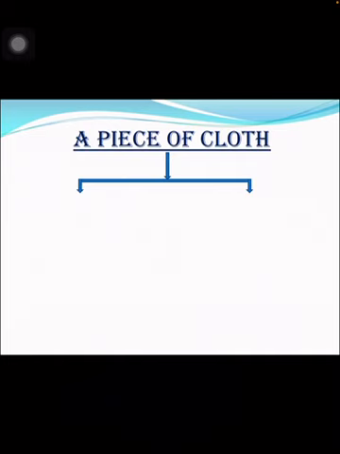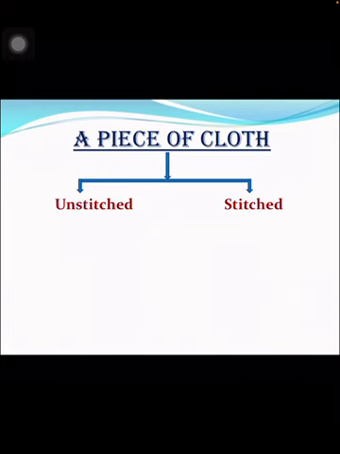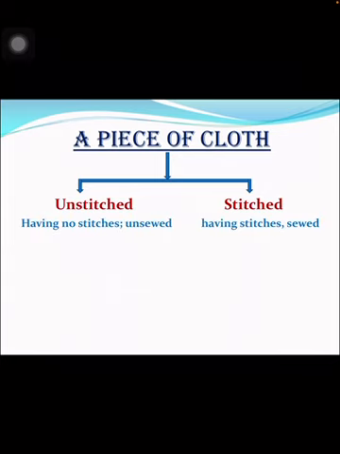Now the most important thing, a piece of cloth. A piece of cloth is generally of two types: unstitched and stitched. Unstitched means those pieces of cloth which have no stitches, that is, unsewn. And stitched cloth means clothes having stitches, that is, sewn.